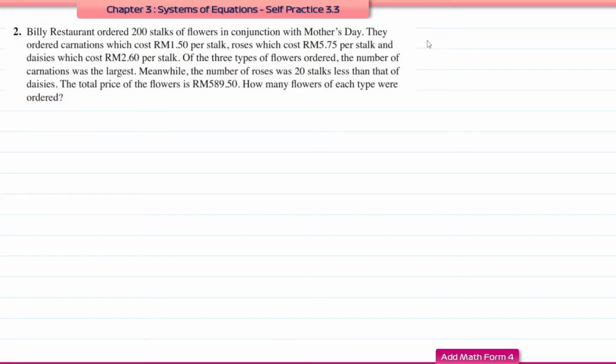So first, let us label the number of stalks. The first one will be the carnations.